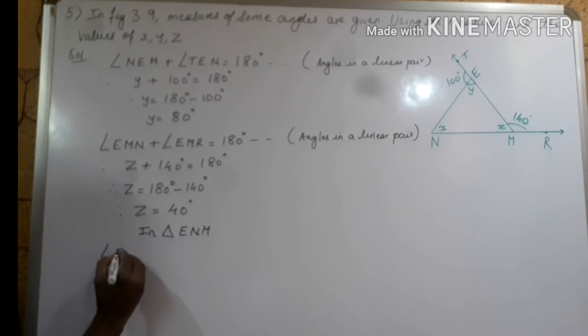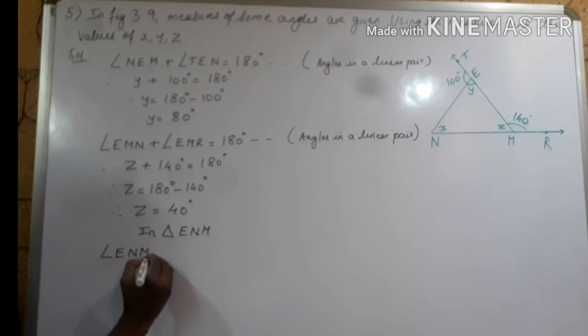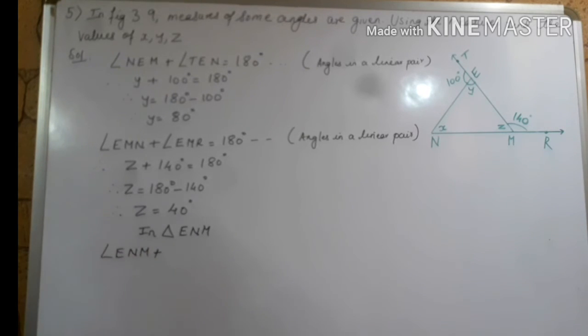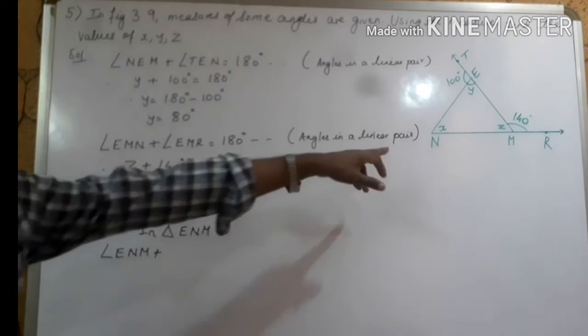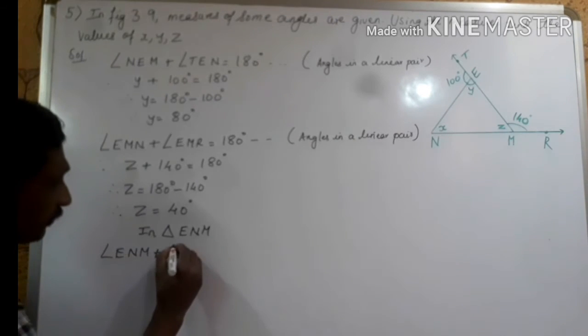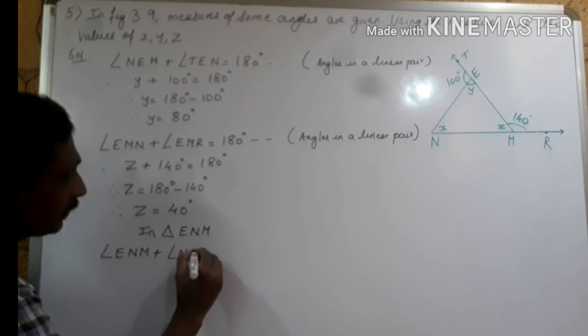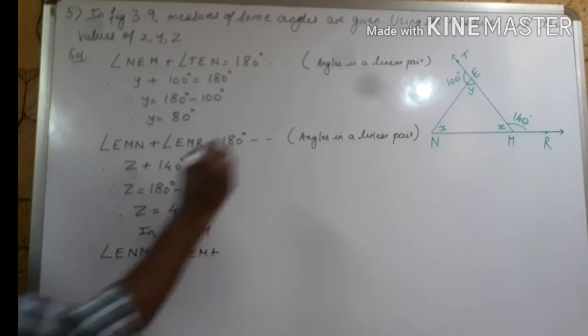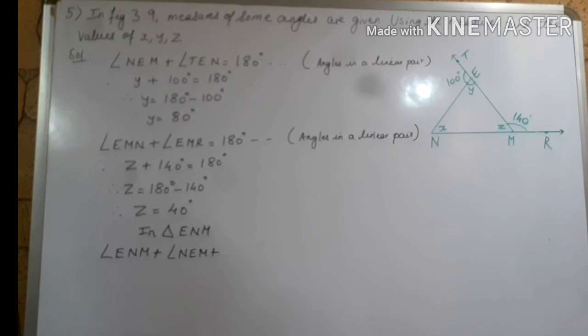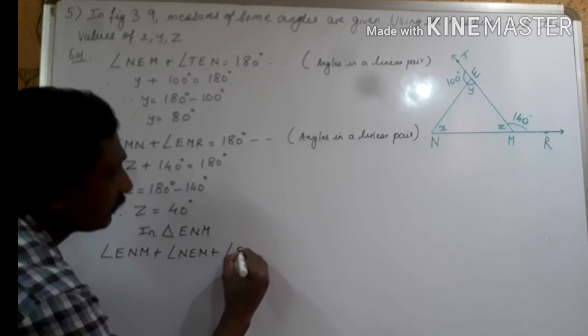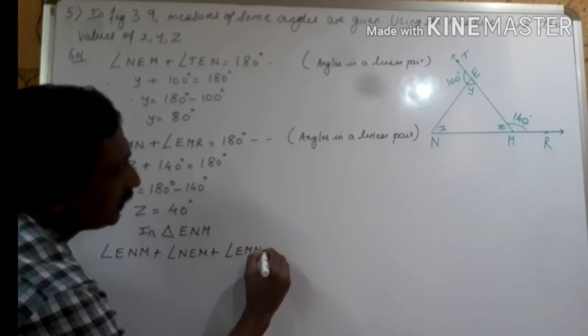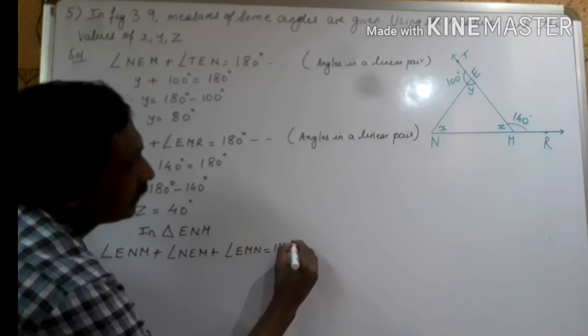Angle ENM plus angle NEM plus angle EMN is equal to 180 degrees.